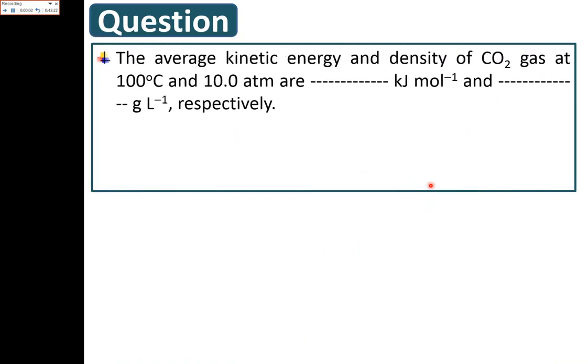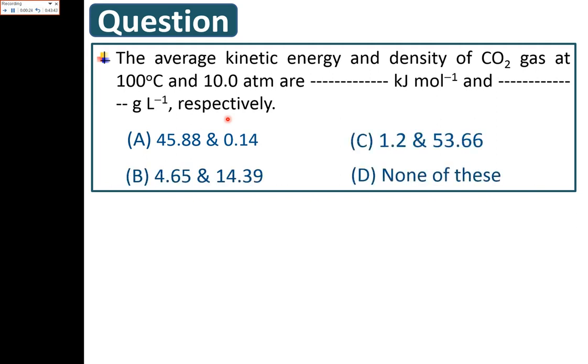The average kinetic energy and density of carbon dioxide gas at 100 degrees Celsius and 10 atmosphere are dots kJ per mole and dots g per liter respectively. So we want to calculate the average kinetic energy and the density of the carbon dioxide, and these are the laws that we will use here.